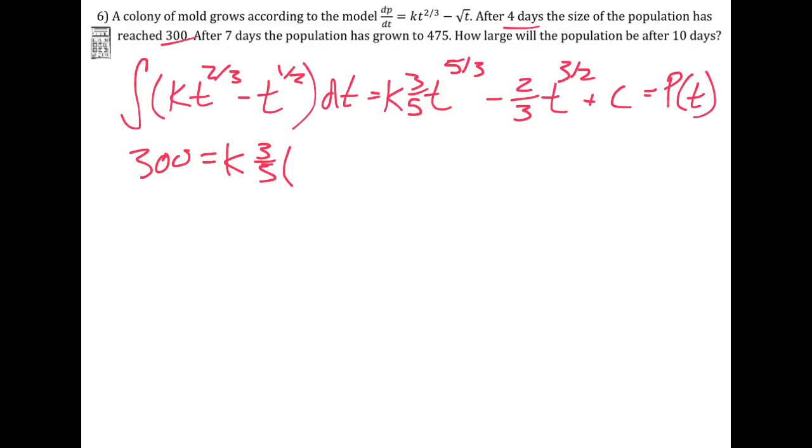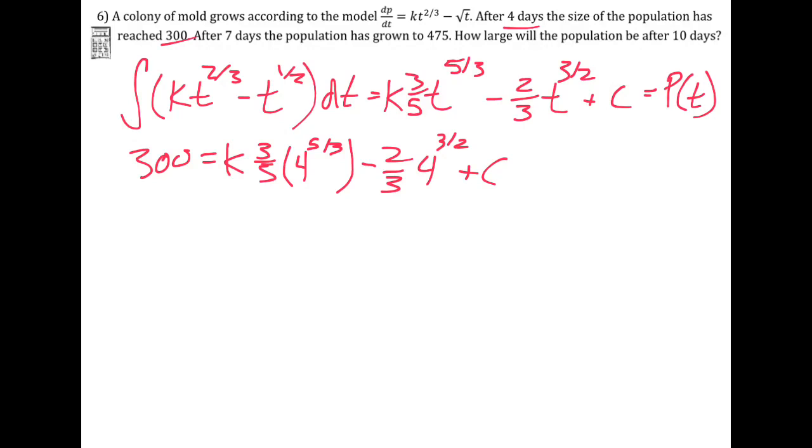So we get times 4 to the power of 5/3, minus 2/3, our t value again is 4, to the power of 3/2 plus c. That's our equation right there.